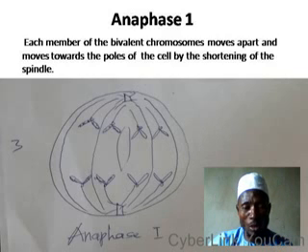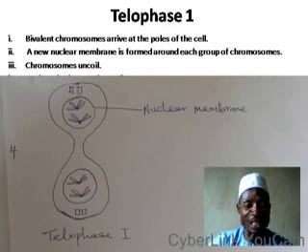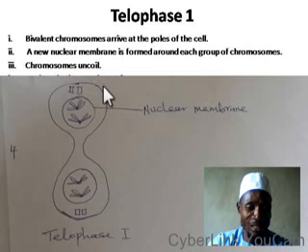Then let us look at the telophase stage. At the telophase stage, the bivalent chromosomes arrive at the pole of the cell. A new nuclear membrane is formed. Look at the nuclear membrane. Immediately the bivalent chromosomes reach the end of the cell, the cell will start dividing.